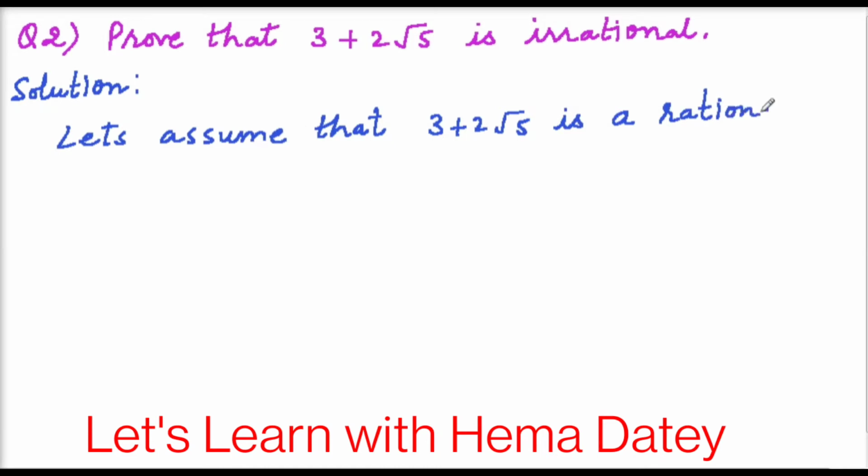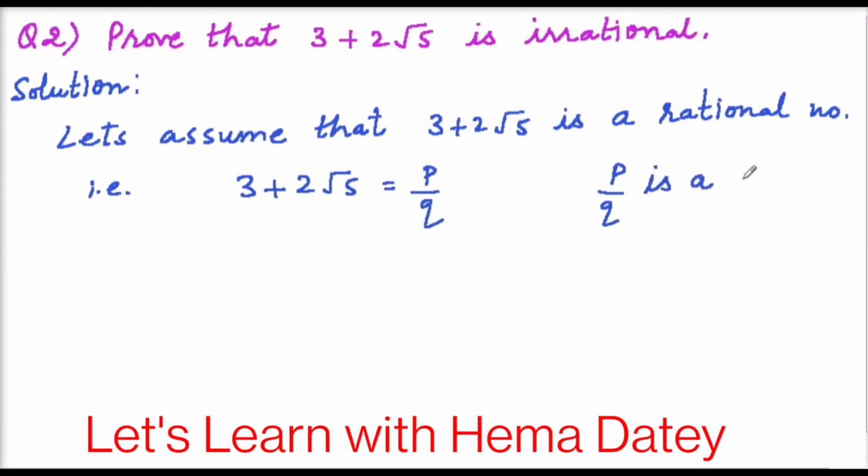Let's assume that 3 plus 2 root 5 is a rational number such that 3 plus 2 root 5 equals P by Q, where P by Q is a rational number, where Q is not equal to 0.